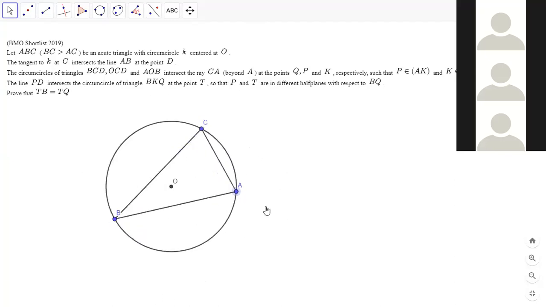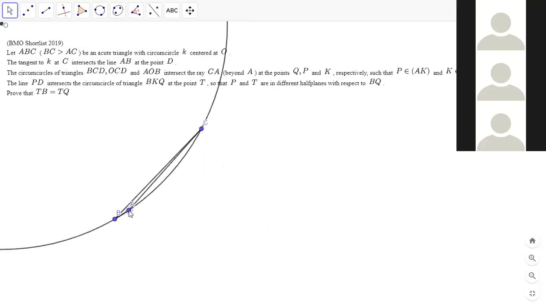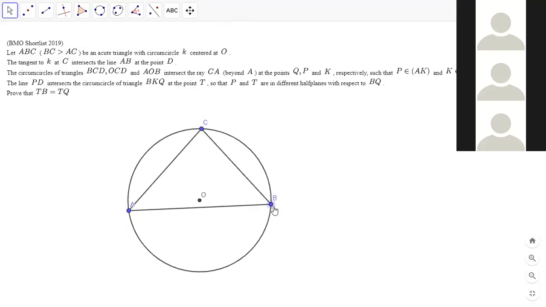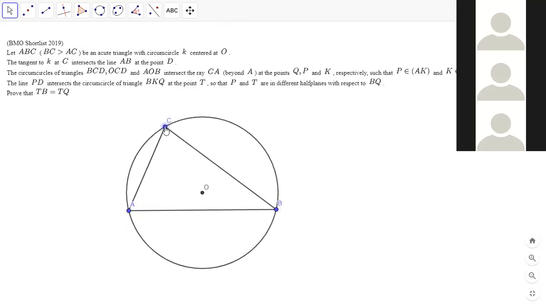So BC should be greater than AC. So actually, let me do it like this. The tangent at C intersects AB at D.